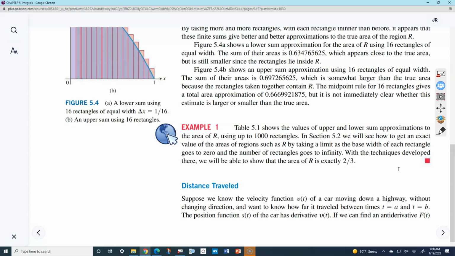The derivative of velocity is acceleration. So to go the other way, the antiderivative of acceleration is velocity, and the antiderivative of velocity is position, or displacement.